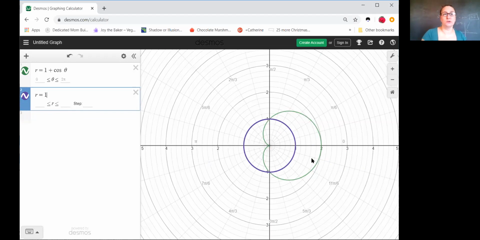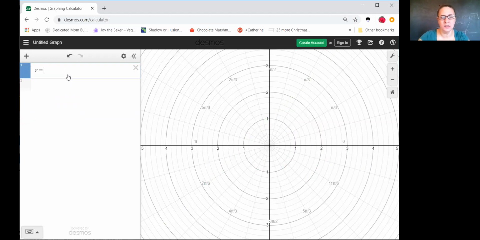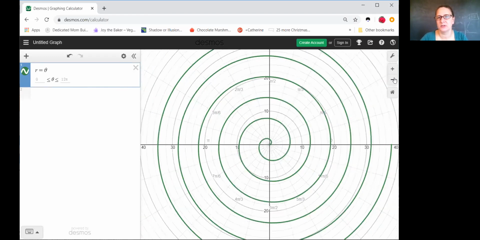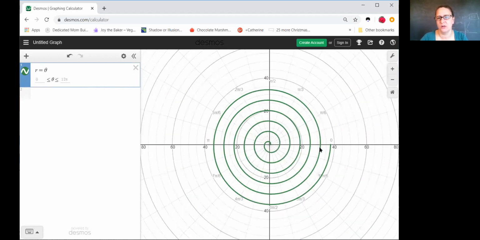Okay. Let me show you a few more fun ones. Not surprisingly, you can get some spirals pretty nicely like that. This is R equals theta. It just did it all the way up to 12 pi.